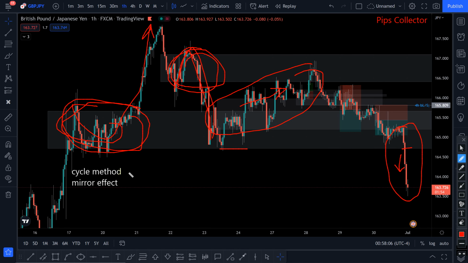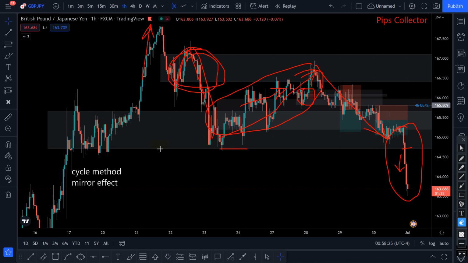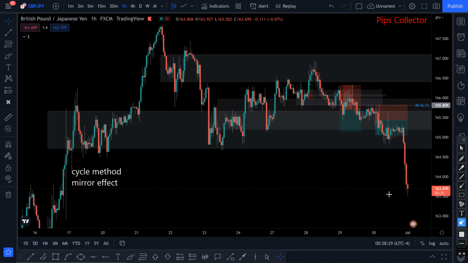So the cycle effect is simply: if price takes the structural low, it tends to mirror whatever price action did going up, it tends to mirror it coming down, which is what it did here. This is what I would refer to as the cycle effect or the cycle method. It is a method actually because it has life and blood and all the other condiments.